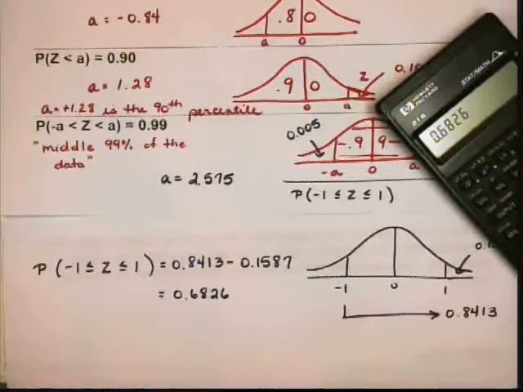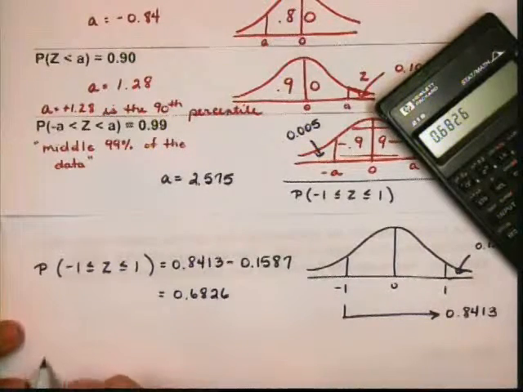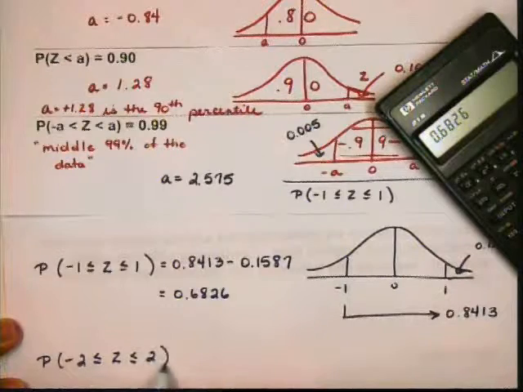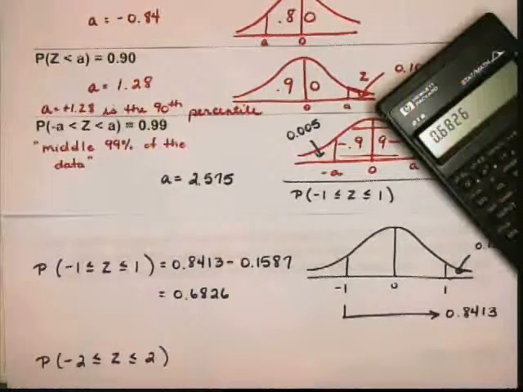Should be close to 95%, right? Or 0.95. So you could verify that one also. All right, so empirical rule says this should be close to 0.95.